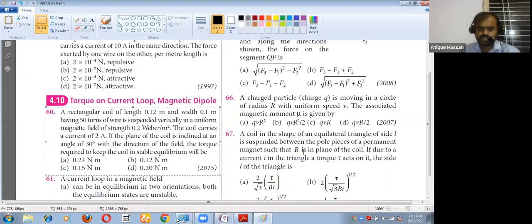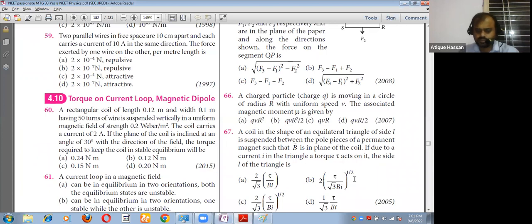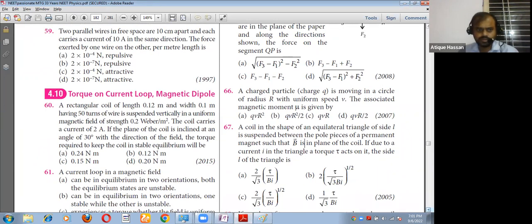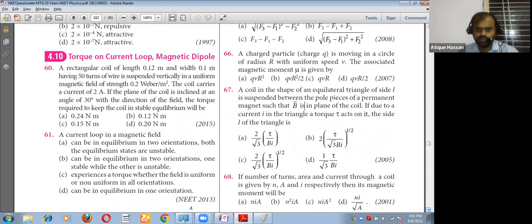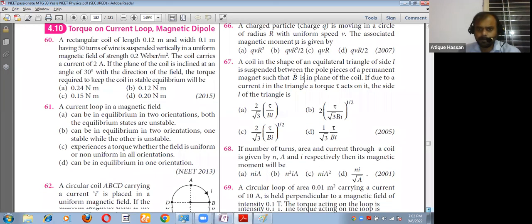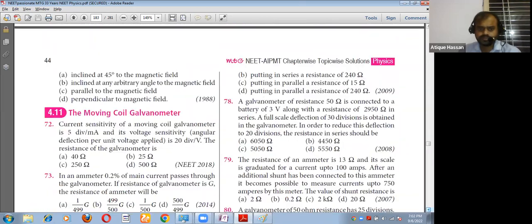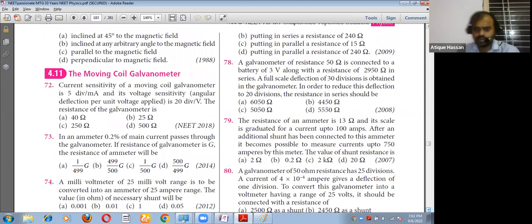So moving to the next question. Now the important part is, this is how we should solve torque questions.